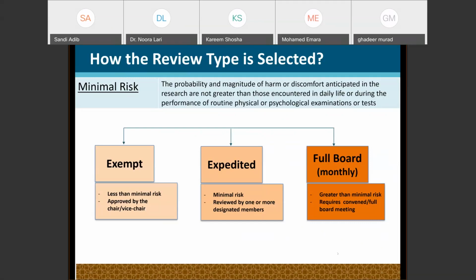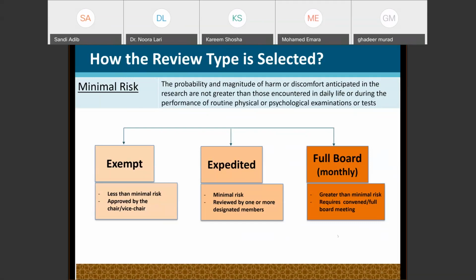But it has to be checked by the office and also by the committee that it actually qualifies for exempt. Once it is checked, the approval can be granted quickly, and it can be approved by the chair or the vice chair in a timely manner.